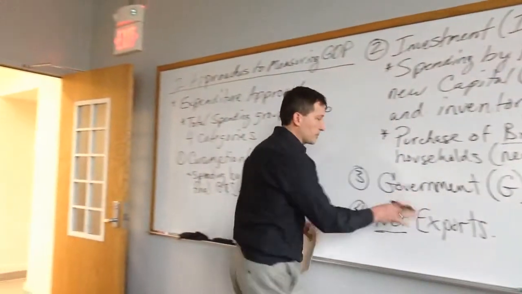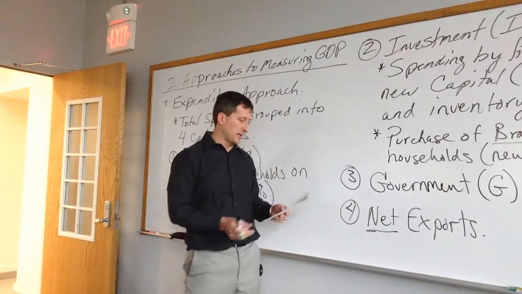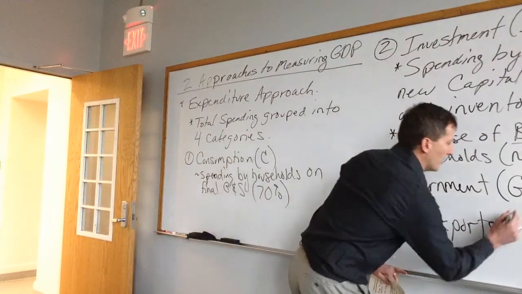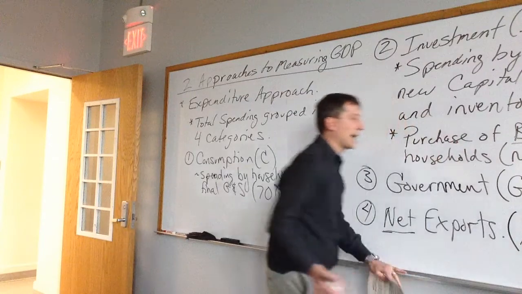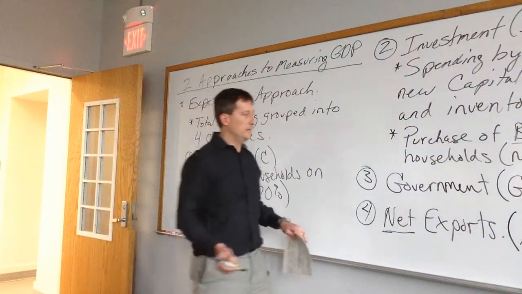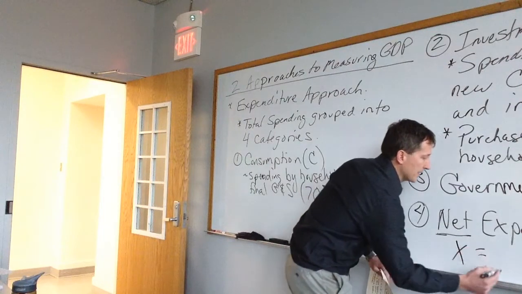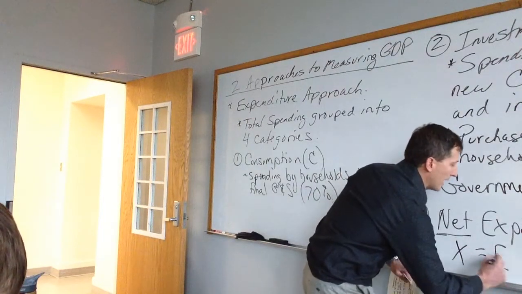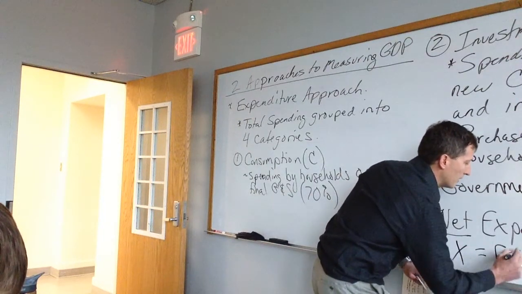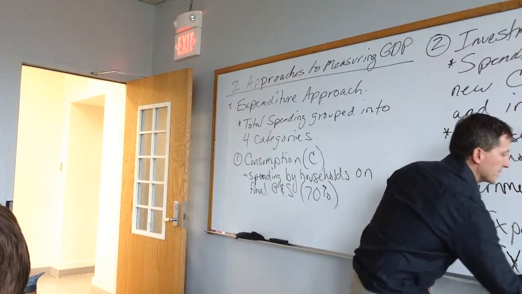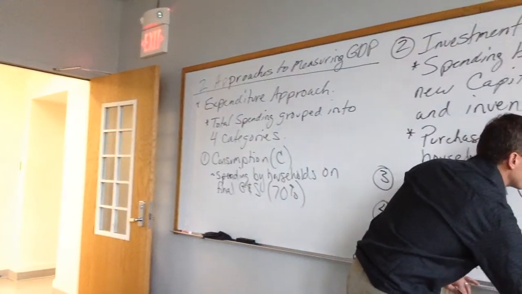All right, so what we've subtracted from the value of exports here is what we've imported. So for net exports, what I'm going to call big X, big X net exports is equal to our exports minus our imports.